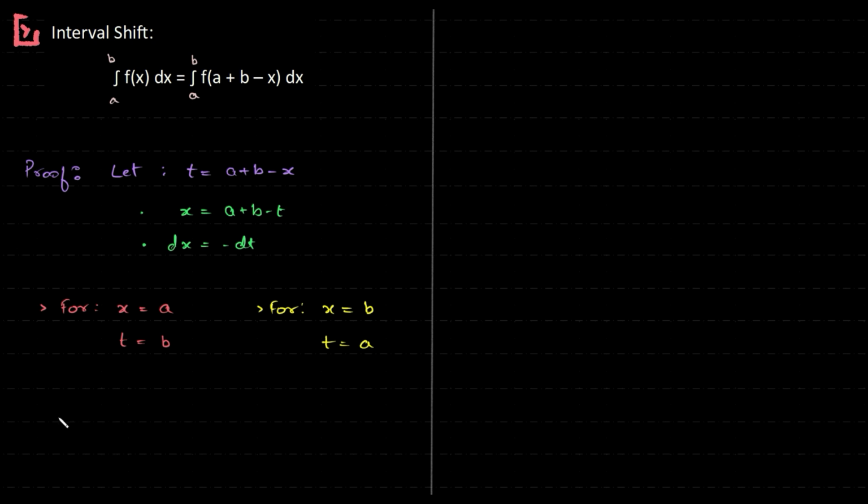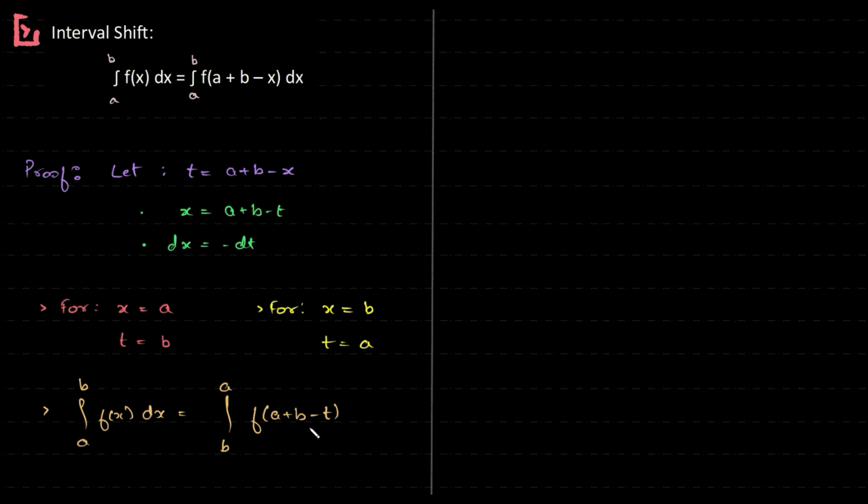So your expression will become, now basically the RHS, or I can't call it a RHS actually, integration of a to b f of x dx is equal to integration of b to a f of a plus b minus t. Sorry, in place of x we are putting t, right?